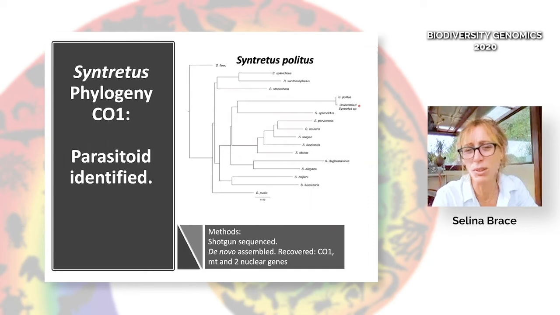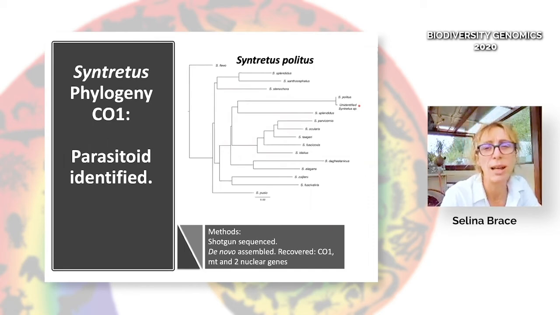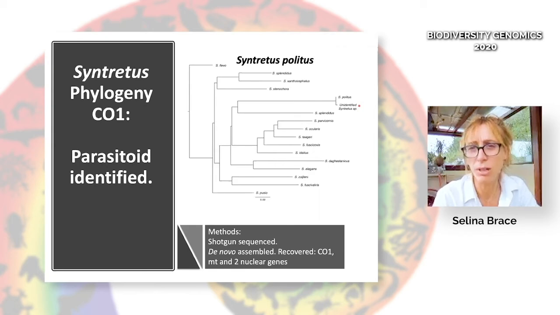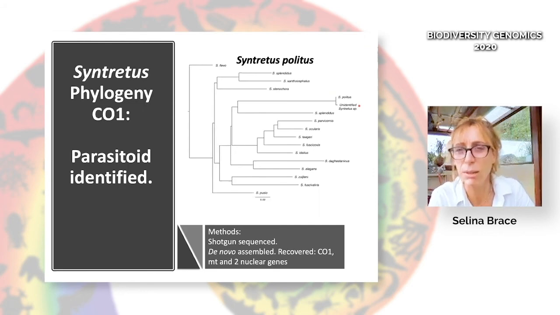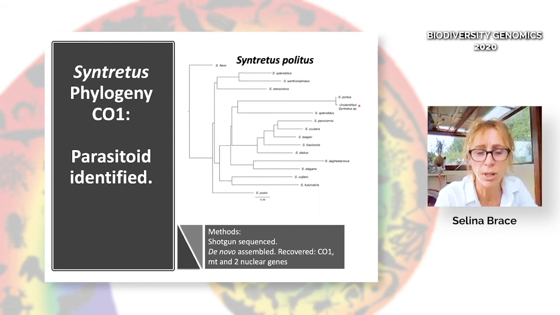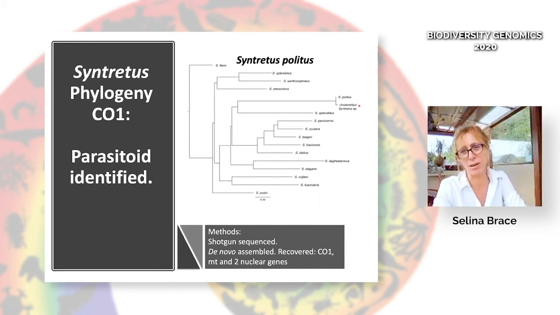We then shotgun sequenced them, de novo assembled the reads, and from that we were able to recover the barcoding CO1 region of, I think it was sort of 15 maybe, different parasitic wasps, and from which we built this phylogeny. This is just the CO1 region, and yay, we were able to identify our mystery larva, and I can share with you now that it was in fact Centistes politus that had infected our poor Swedish bees.